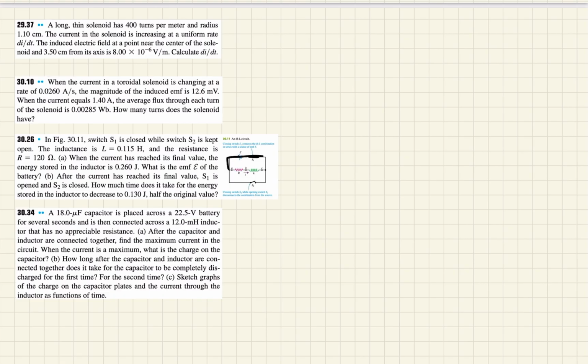So it's only this part of the circuit that's in play. We've got this battery here, positive side is this side. We've got the switch closed. On this side, we've got a resistor and inductor. That's pretty much all the circuit that really matters right now.